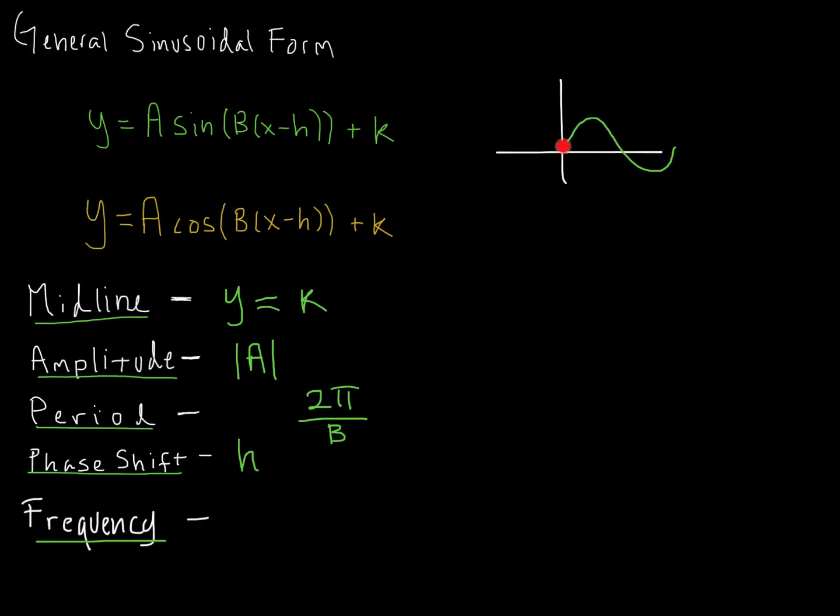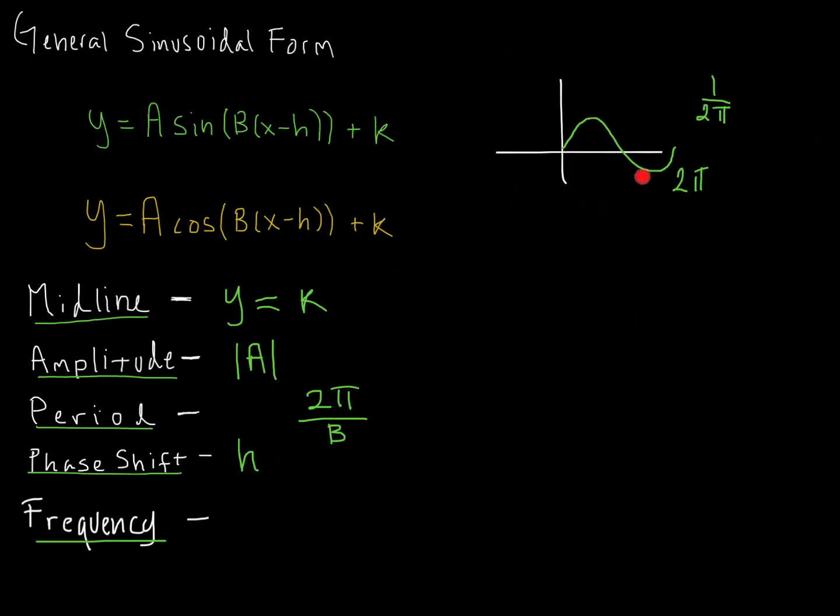If it starts at 0, it will make a full cycle, go through all of the possible values, after 2 pi radians. So how many full cycles does it make every 1 unit? Well, it makes 1 out of 2 pi full cycles. And so that's just for regular sine, right?